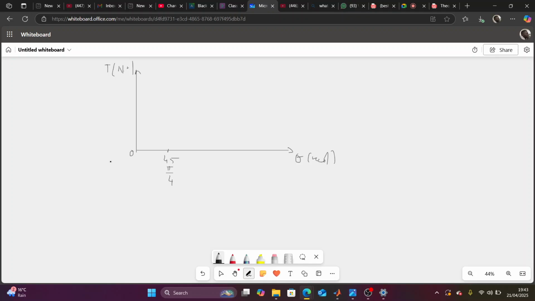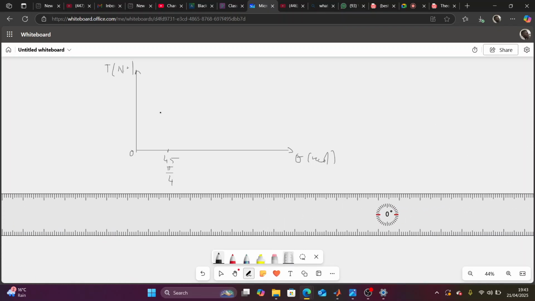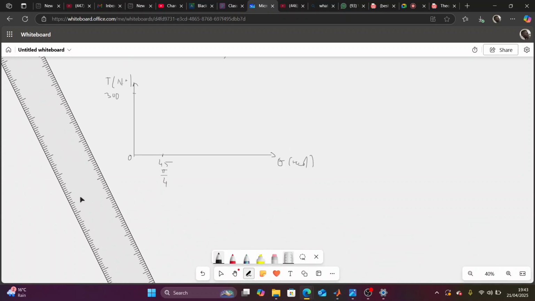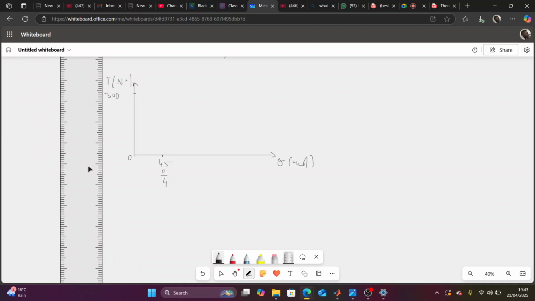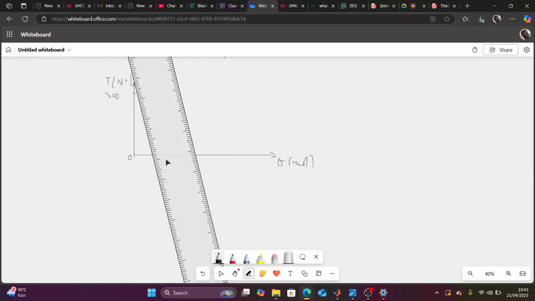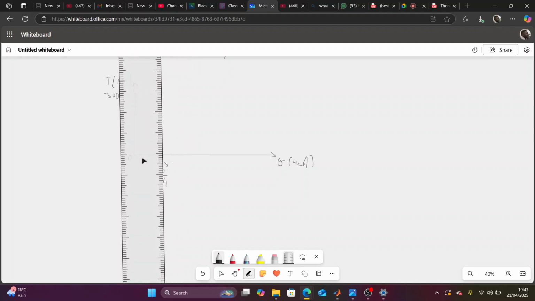This is 0, 0. Let me say this one is 300 Newton meter. The 45 degrees gives pi over 4. Okay, are you with me? So this is what's happening.